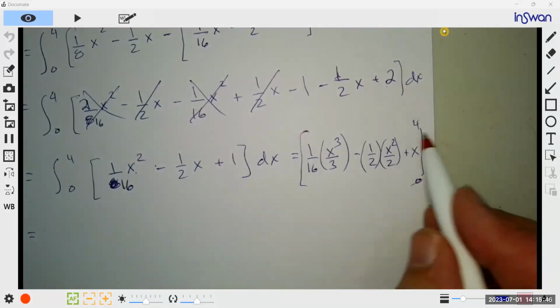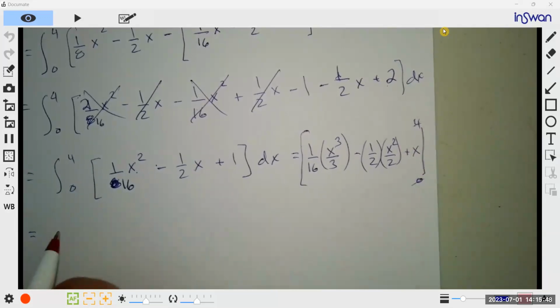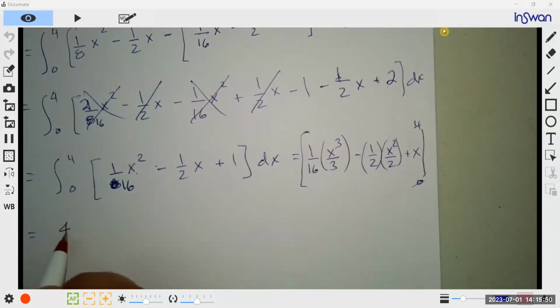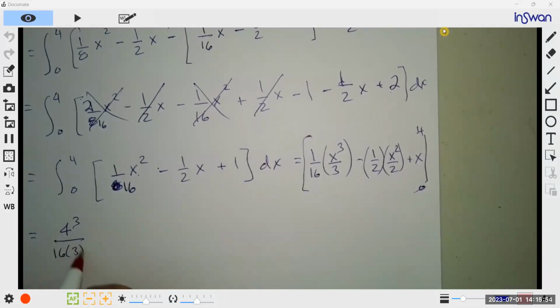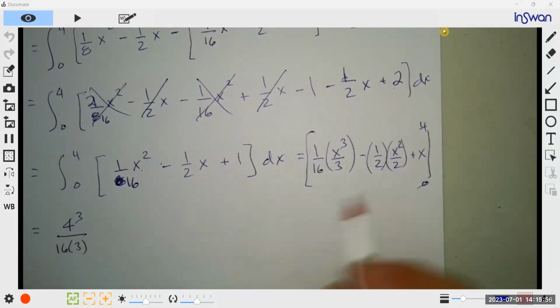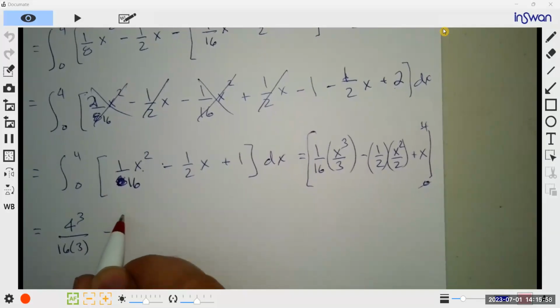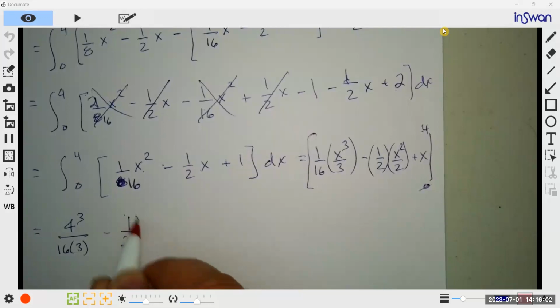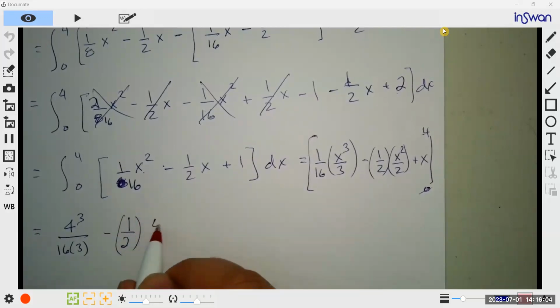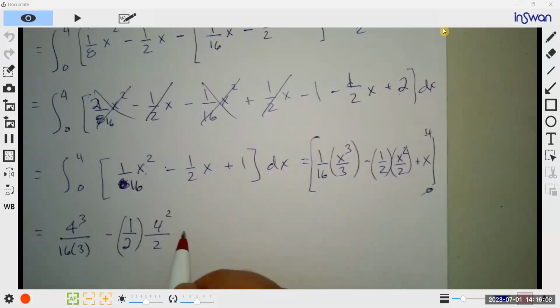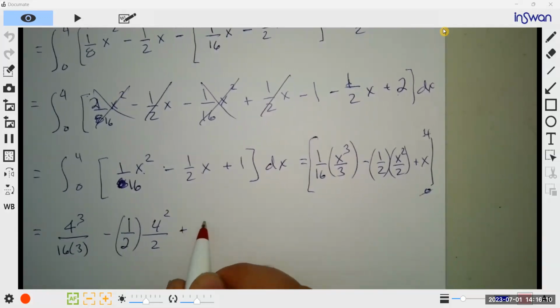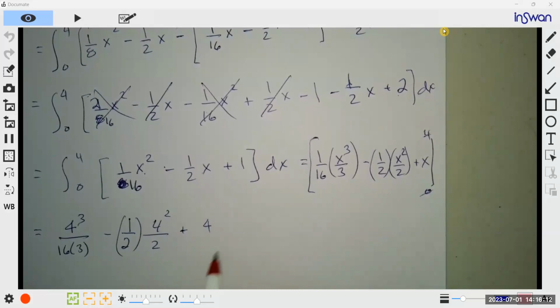Since that's 0, doesn't matter. Now it's just the top. We have 4 cubed over 16 times 3, minus 4 squared over 2, plus 4 minus 0.